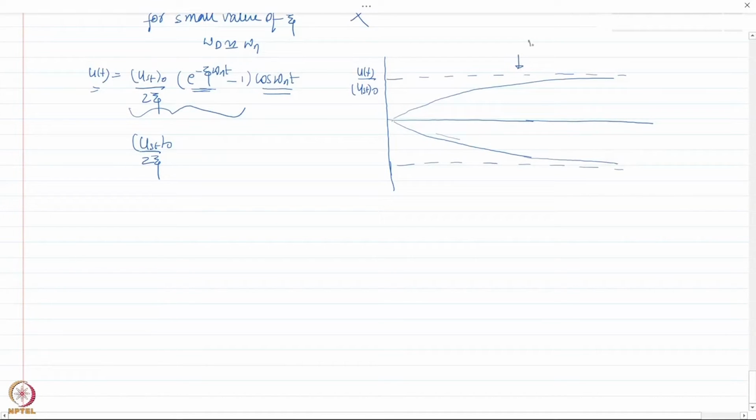In this case, it is 1 by 2 zeta. Remember, 1 by 2 zeta is equal to u(t) by u_st0. So the amplitude is actually u_st0 by 2 zeta, and let us say this axis is t by T_n. The vibration will start like this. Because omega is equal to omega_n, the amplitude will start to increase.